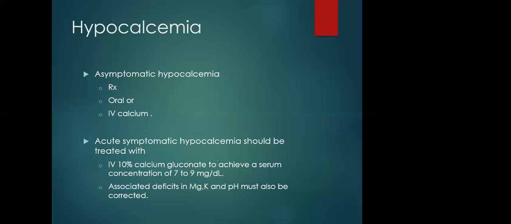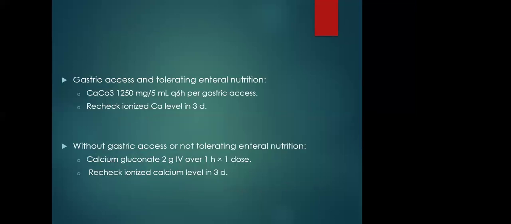So if you have acute symptomatic hypocalcemia, you should treat it with 10% calcium gluconate to achieve a serum concentration of 7 to 9 milligram per deciliter. Associated deficits in magnesium, potassium, and pH must also be corrected. So a patient may have gastric access and be tolerating enteral nutrition.